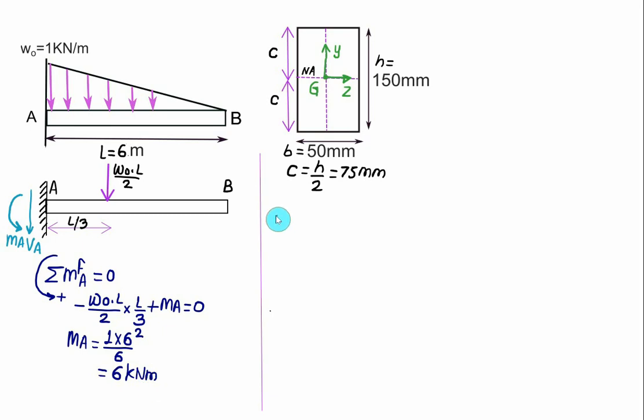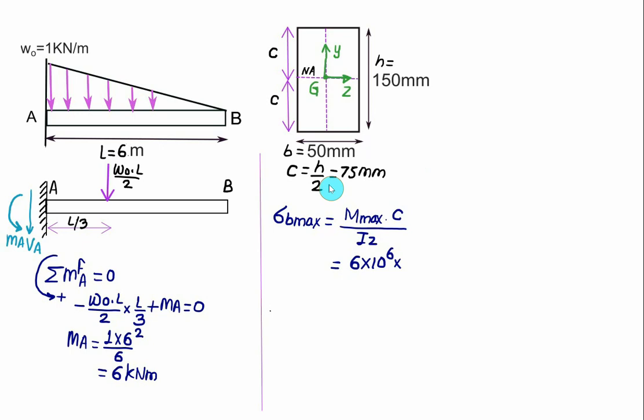Since we are interested in the maximum bending stress, the maximum bending stress is simply given as the maximum value of bending moment, M max, into the distance C, which is the maximum of either the top or bottom, this time both distances are same, divided by the moment of inertia Iz. Maximum bending moment here is 6 kilonewton meter, which is 6 into 10 to the power 6 Newton mm.